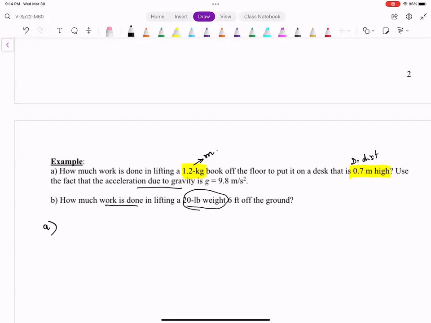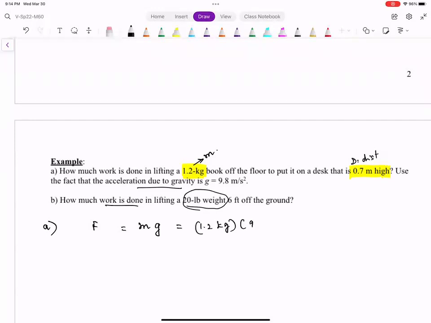The force exerted is opposite to that exerted by gravity. By Newton's second law of motion, F is equal to mass times acceleration. Mass is 1.2 kg.